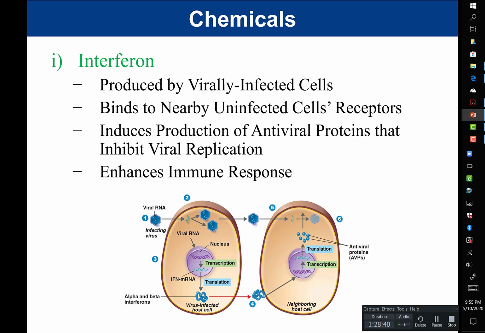And that uninfected cell produces those antiviral proteins, which blocks that cell from also being infected. And so it helps prevent the spread of the virus to adjacent cells. And so again, these are produced by virally infected cells, and they're going to block the infection of neighboring cells.